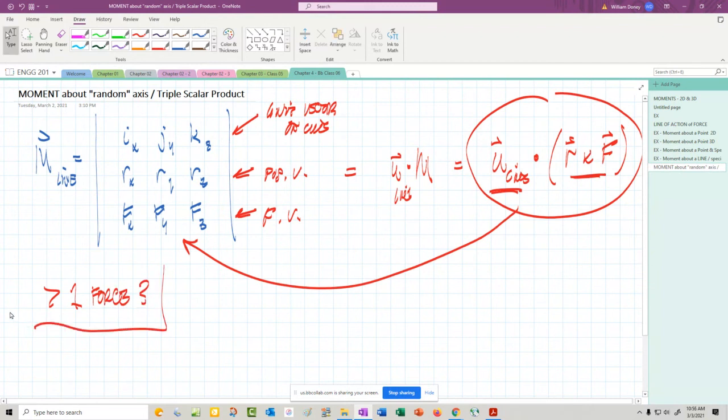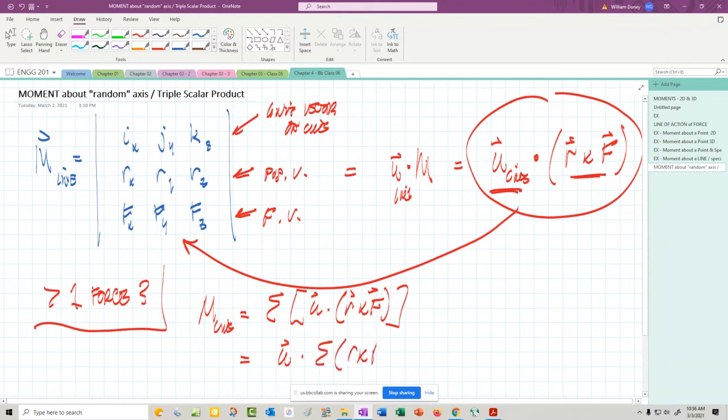Now, what about the case if I have more than one force? The moment about that line is going to equal the sum of all the U dot R crossed F, or it equals the line dotted with all the R cross F's summed up.